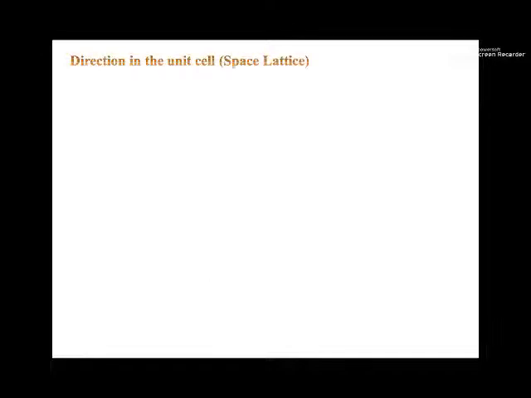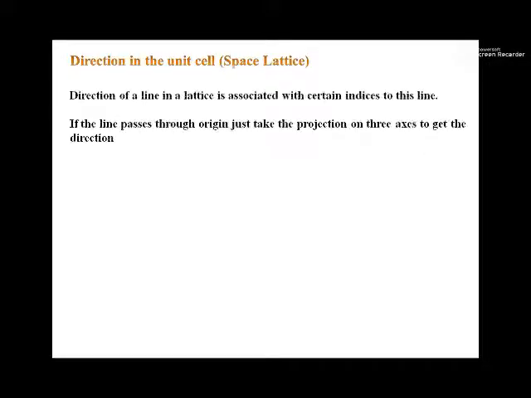So what are the directions in the unit cell, that is the space lattice, or is this direction unique, that is, for a given space lattice you have only a single direction? Is it possible? So the direction of a line is associated with certain indices to the line.